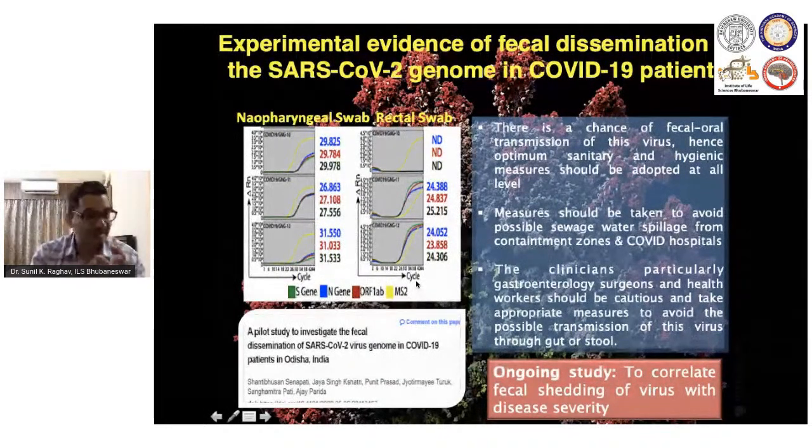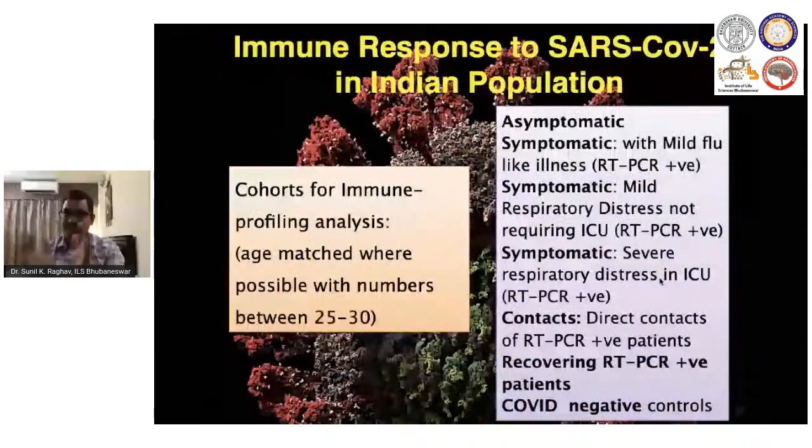So it shows that definitely the virus might be shed through feces, so we asked the state government to look into those things also in the containment zones, so that sewage disposal and sewage treatment are done in a proper way in the containment areas and in the quarantine centers, so that infection should not happen because of that. So this is the genetic part.